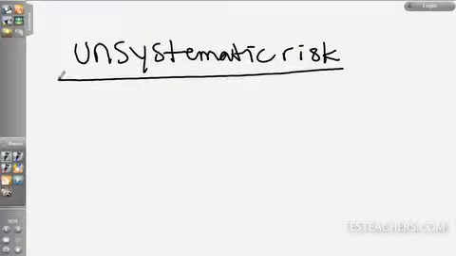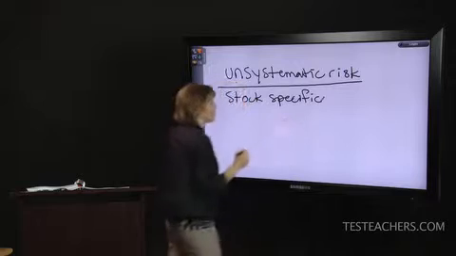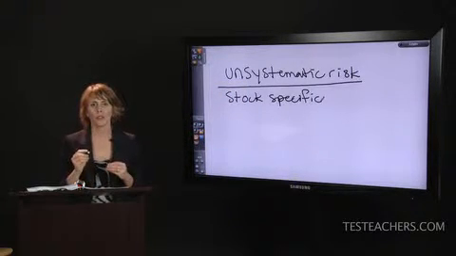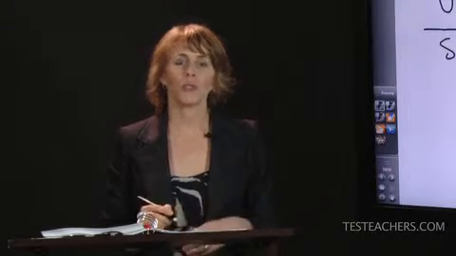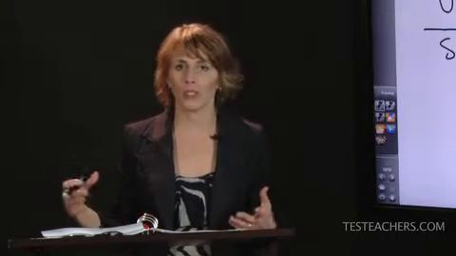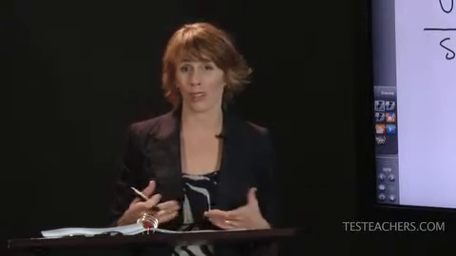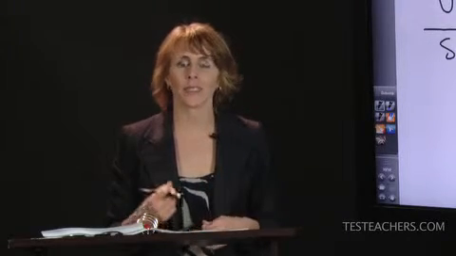Unsystematic risk is stock specific. It is risk that is related to the actual security investment itself. If you were to put all of your money into your company's stock, let's say you put all your money into Enron because you used to work there before they went broke and now you got nothing, that's unsystematic risk.